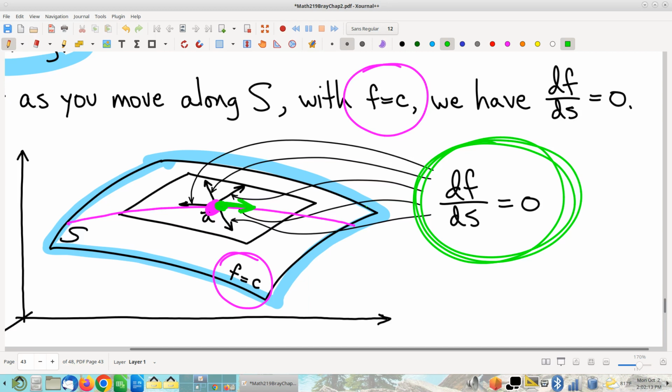That's a brain melter, right? So I would say don't think of it that way. There's no need to. We have no interest in the graph of f at this point. What we're interested in is that this surface is where this function of 3 variables is constant. That's really all we need to know about f.